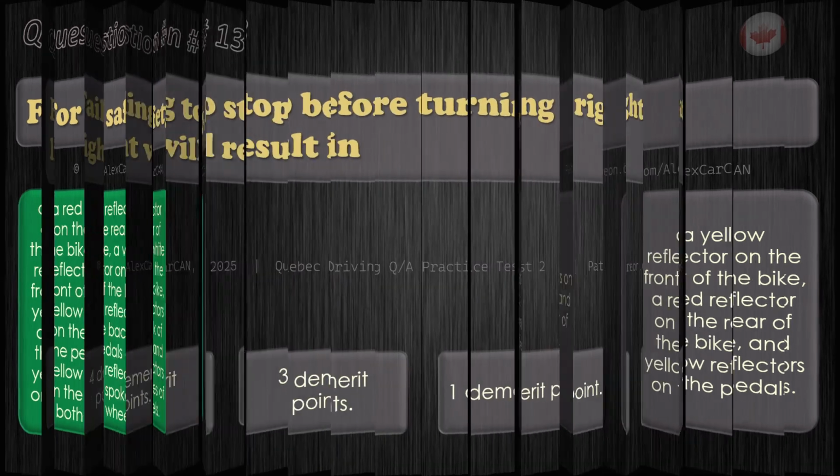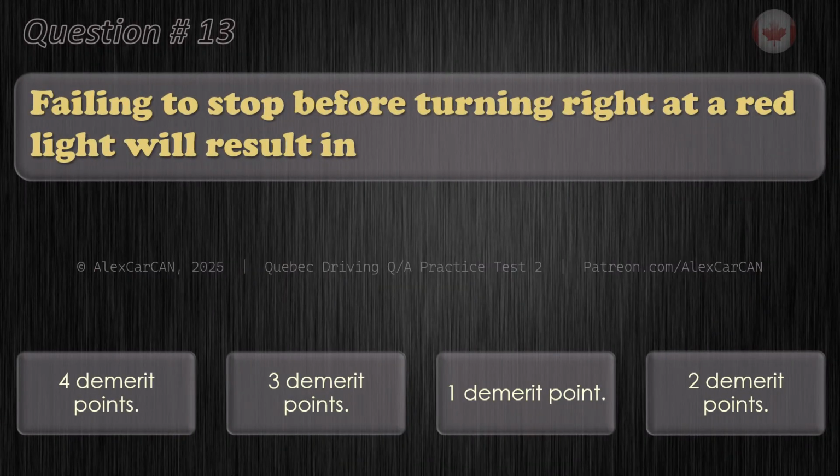Question number 13. Failing to stop before turning right at a red light will result in 4 demerit points, 3 demerit points, 1 demerit point, 2 demerit points. The correct answer is 3 demerit points.